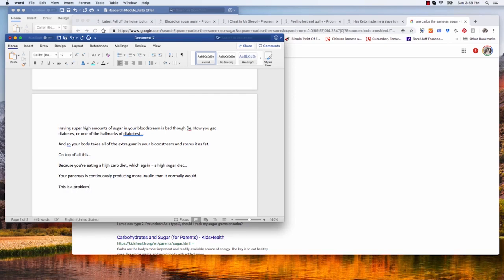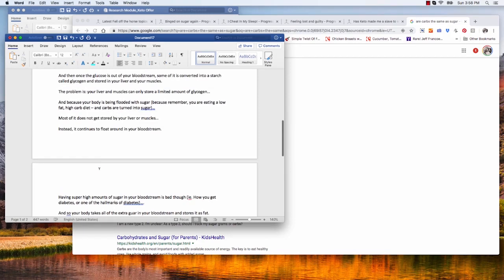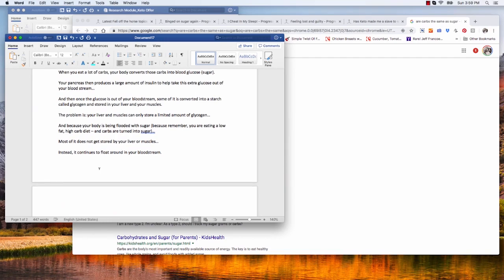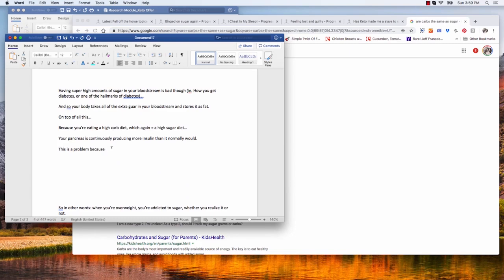This is a problem because, over time, your cells in your body start to ignore insulin, which means you need to keep producing more and more of it.